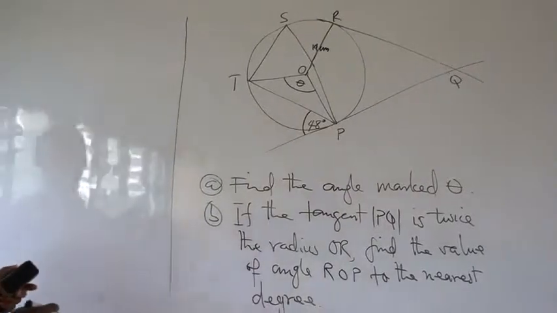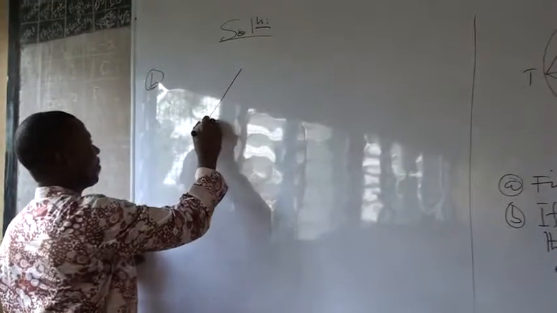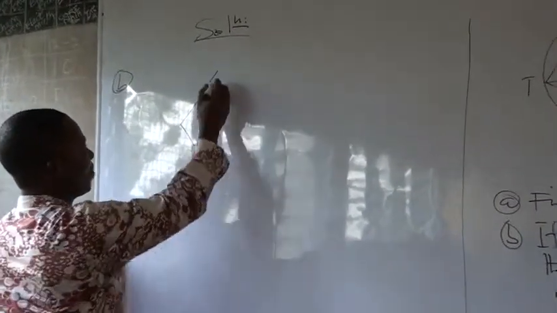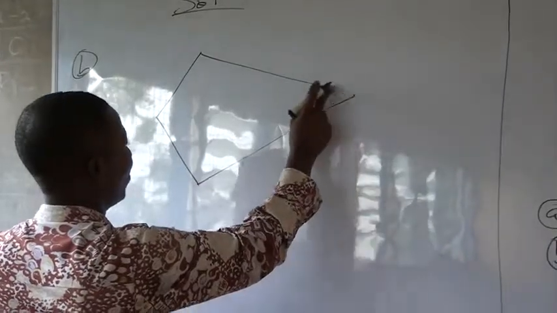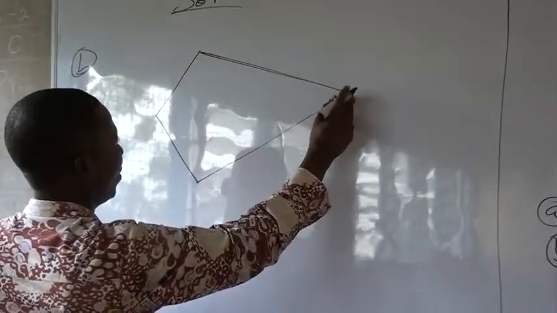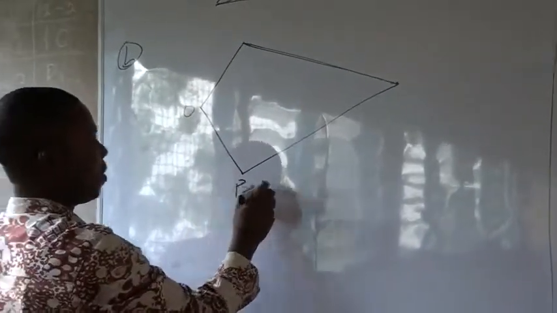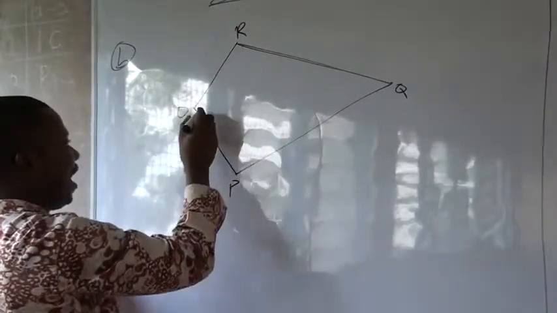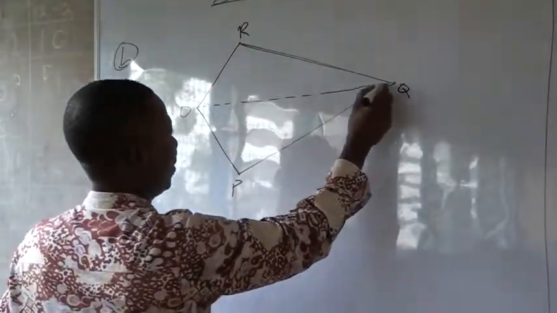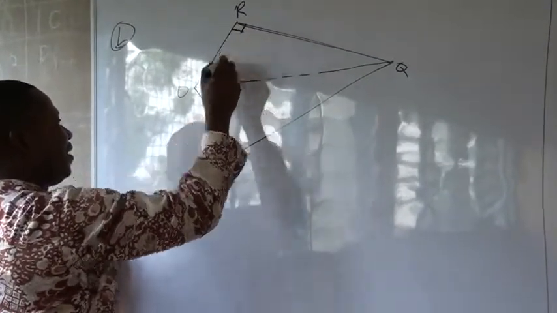So we can take this, and this is O, and this is R. This is a right angle.